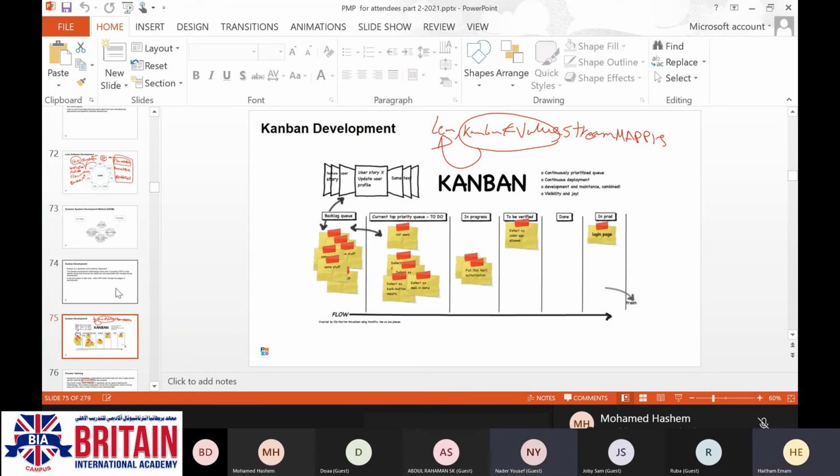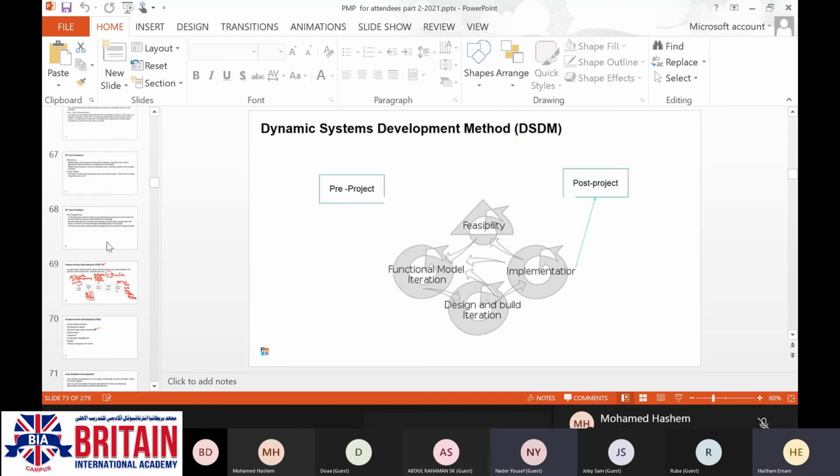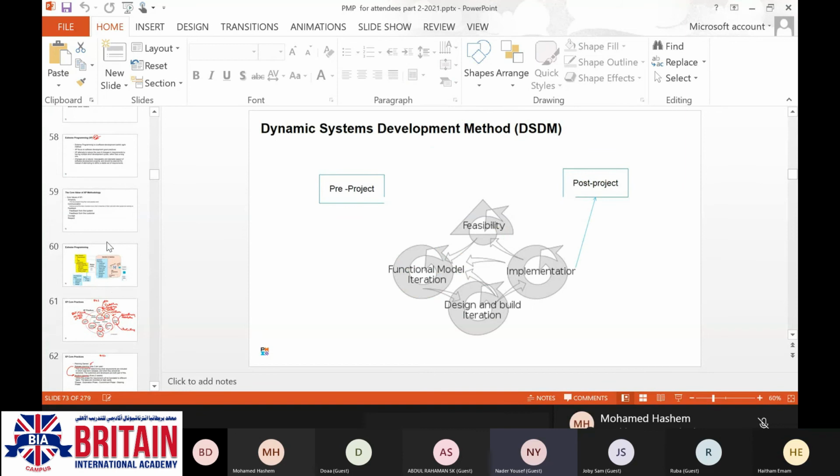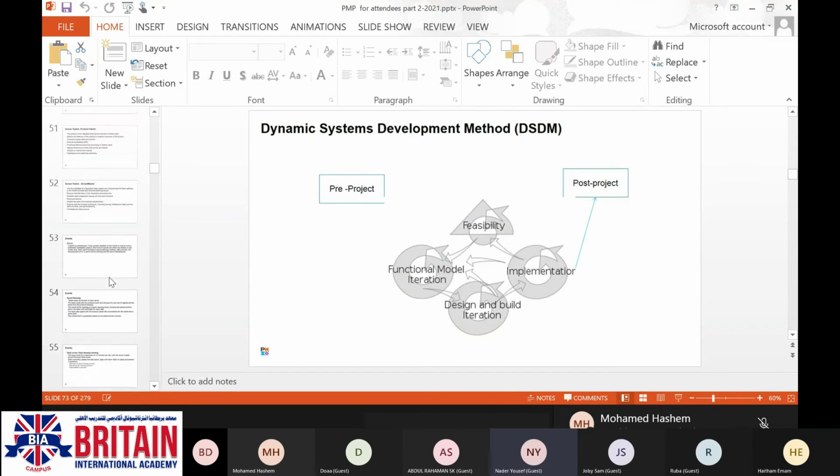That is one of the on-demand planning. On-demand planning. It is written here somewhere. Let me show it to you. They call it on demand like this.